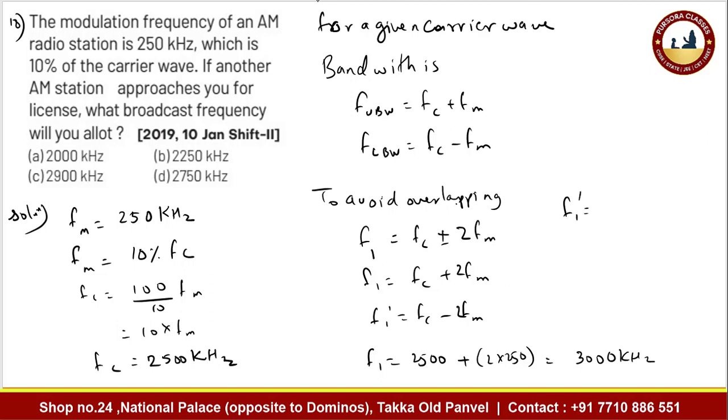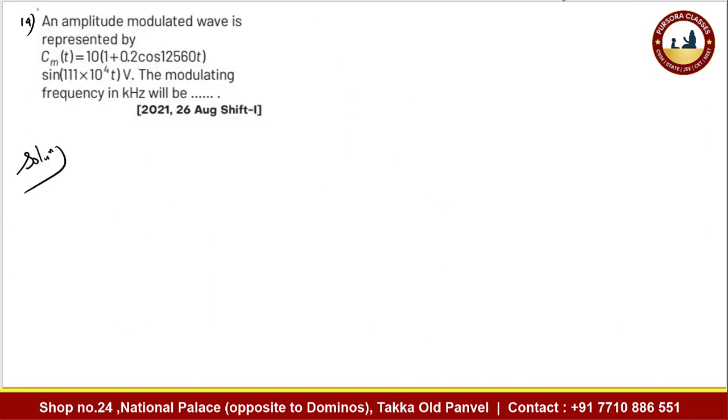And F1 dash will be FC minus 2 FM, so that is 2500 minus 2 into 250, that is 2500 minus 500, that is 2000 kilohertz. So the correct option will be A. Okay, students, we'll move ahead with the next question.